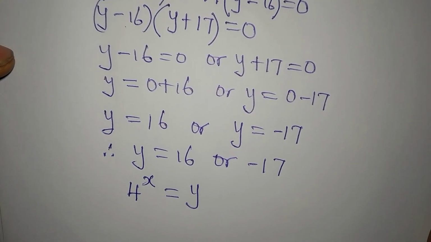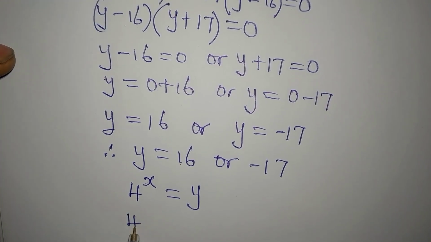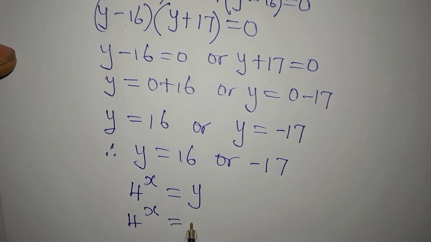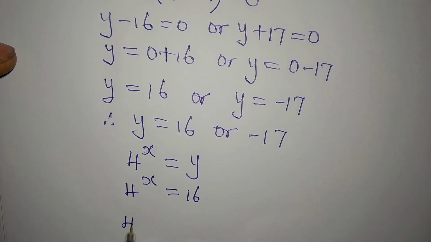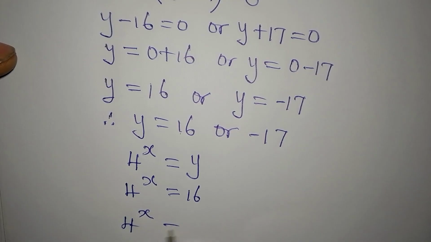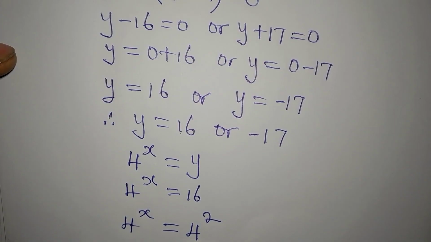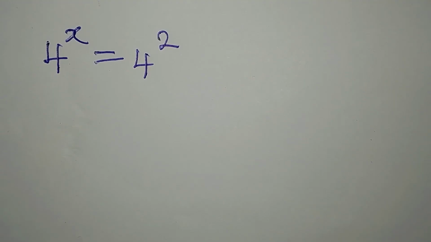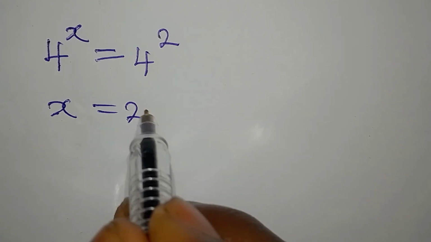So now that y is 16, we have 4 to the power of x equal to 16, and that will mean that 4 to the power of x will be equal to 4 to the power of 2, because 16 is 4 to the power of 2, right? Since the bases are the same, the powers must be equal, right? So our x is equal to 2.